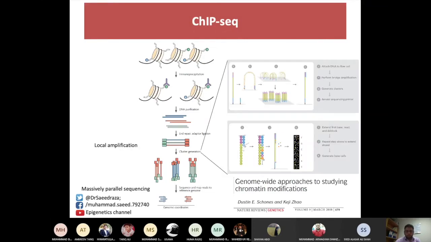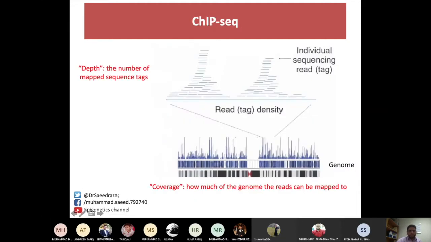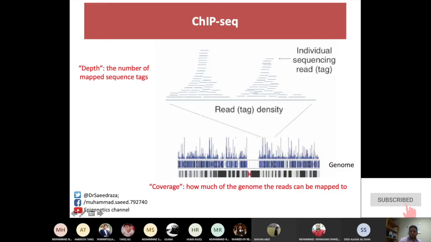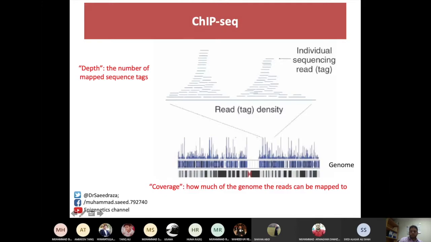were present. So this is the picture which tells you about these adapters and how they are amplifying, and you will get the fluorescence by the end of the day, and you know everything. So this is the ChIP-seq. By assembly, you could get something like this. So these peaks, this is the chromosome, this is the normal reads, and you will get the peaks. And these peaks, when localized, will tell you this peak belongs to this particular gene of interest, or this peak belongs to this gene of interest.